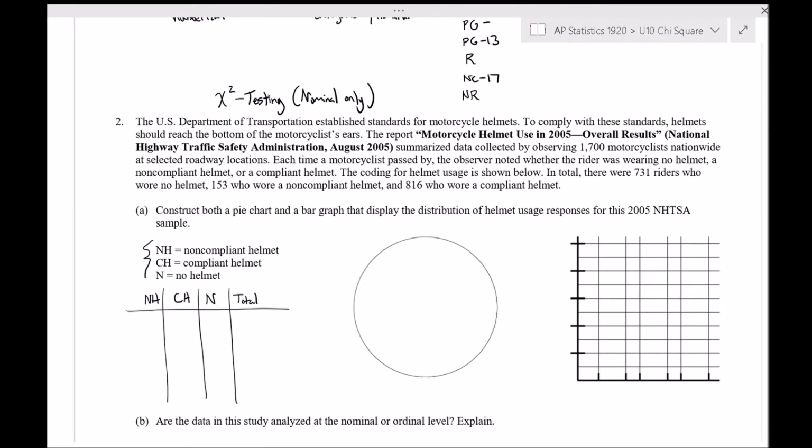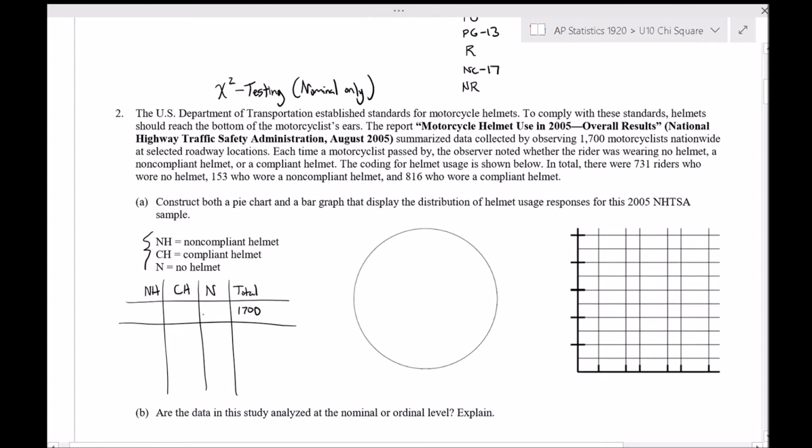So we had a total of 1,700. No helmet, 731. Non-compliant helmet, 153. And then a compliant helmet, 816. I think I got those numbers right. In total, there were 731 riders who wore no helmet. Yep, so those are the numbers, and we have that total.